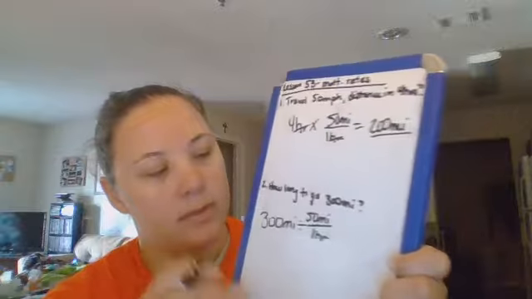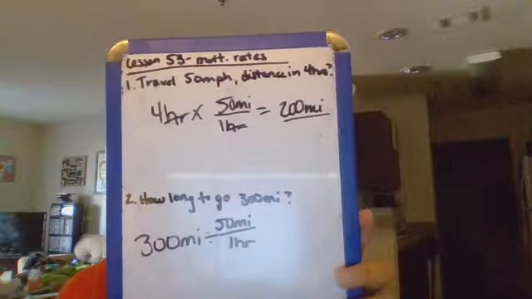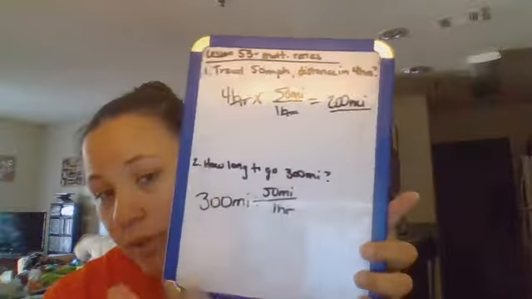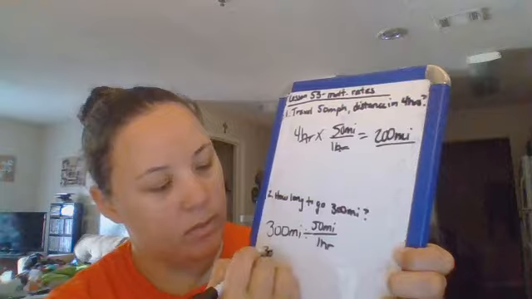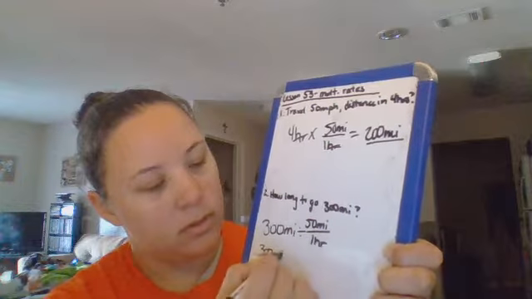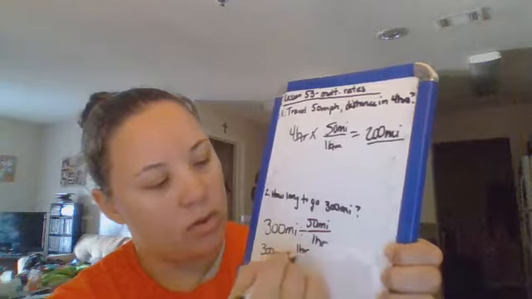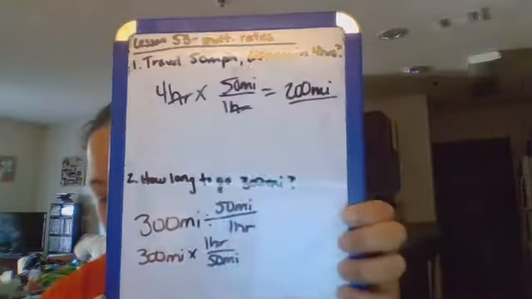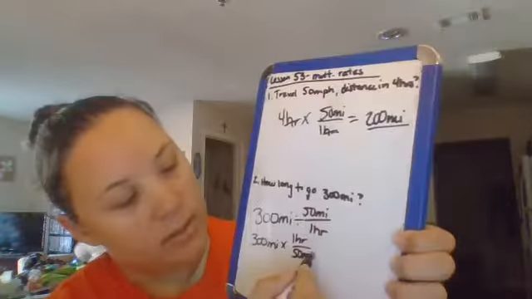So we're now actually going to divide, because we're trying to figure out how many hours we're going. And remember, with dividing fractions, we flip the second. So it's actually going to be 300 miles times 1 hour over 50 miles. So our miles cancel out.